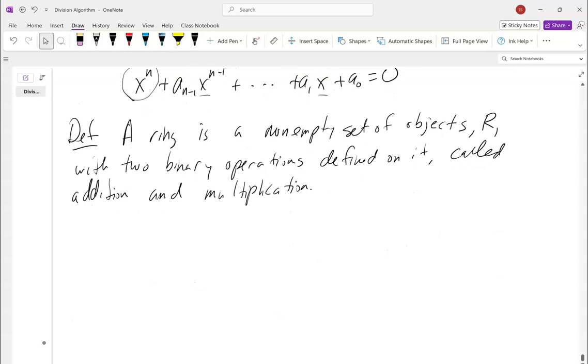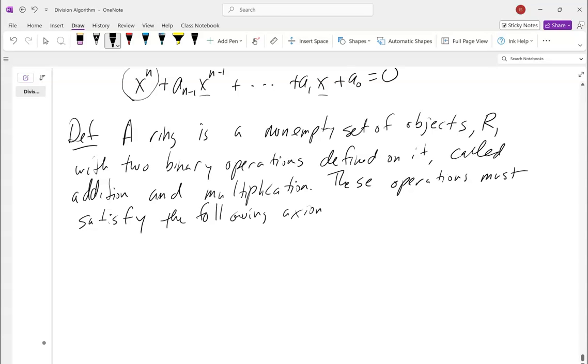So these operations need to satisfy the following properties, and they're going to look a lot like the vector space axioms that we had in linear.